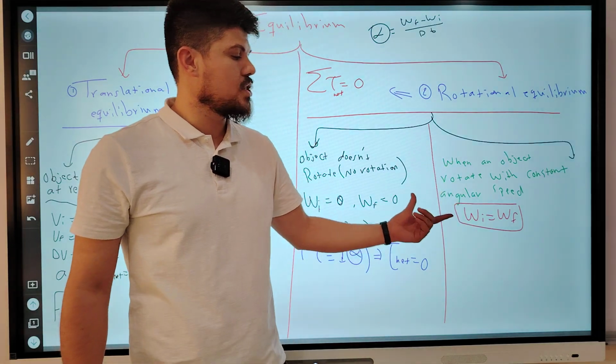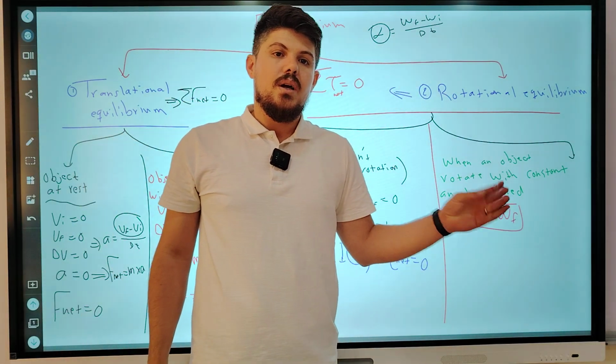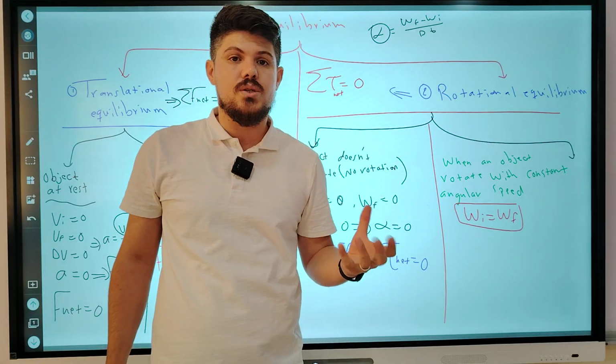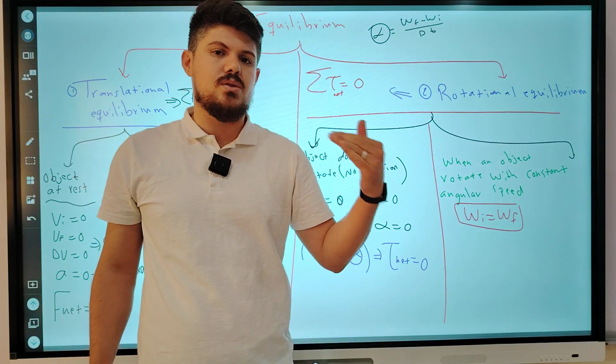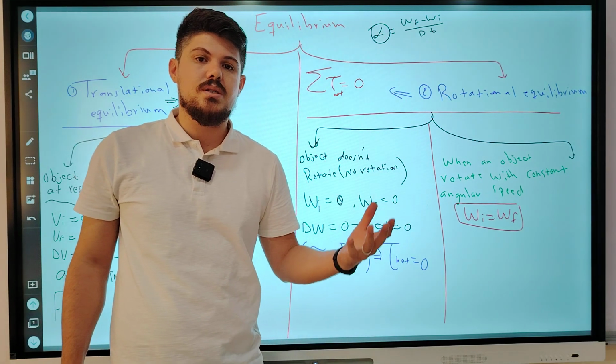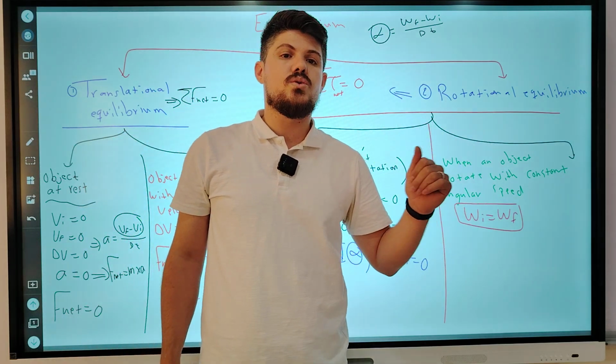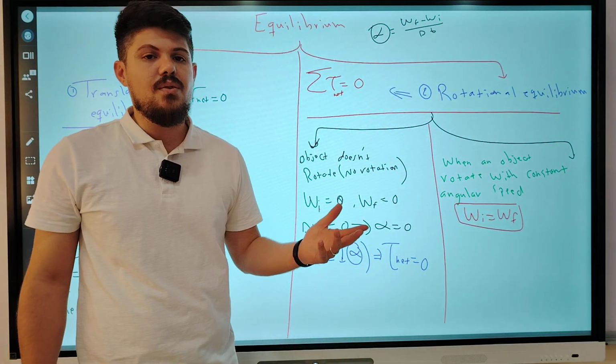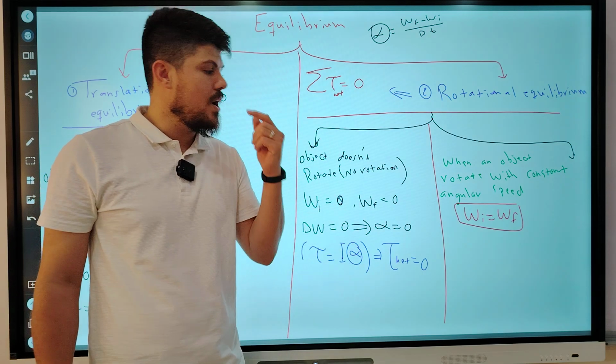Omega initial is equal to something, for example. If the ceiling fan or the merry-go-round is rotating with a constant angular speed, it means that omega initial, assume, is 5 radian per second, and omega final is also 5 radian per second. They have the same angular speed. In that case, alpha is equal to 0. Why?